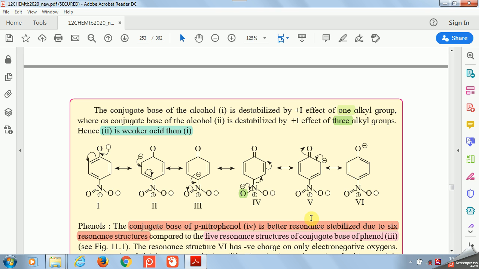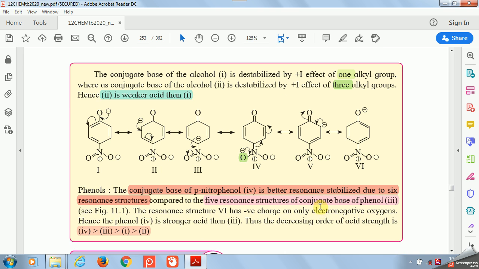So if you compare the acidic character of phenol and para-nitrophenol, the conjugate base of para-nitrophenol is better resonance stabilized due to 6 resonating structures, as compared to the 5 resonance structures of the conjugate base of phenol.